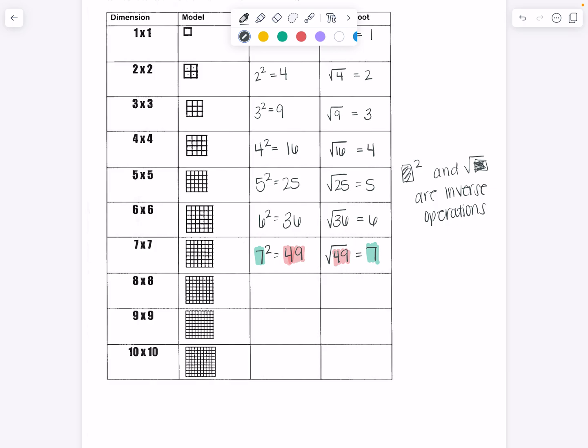So very similar to addition, subtraction, multiplication, and division, squared and square roots are going to undo each other. And so this continues all the way down to, in this case, 10 squared.